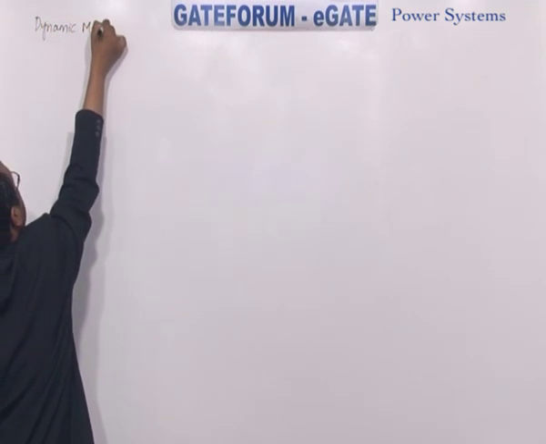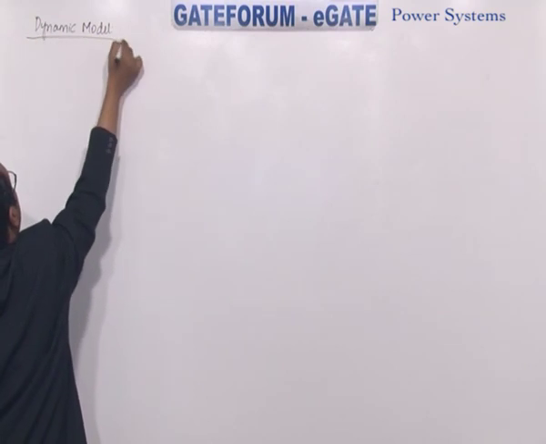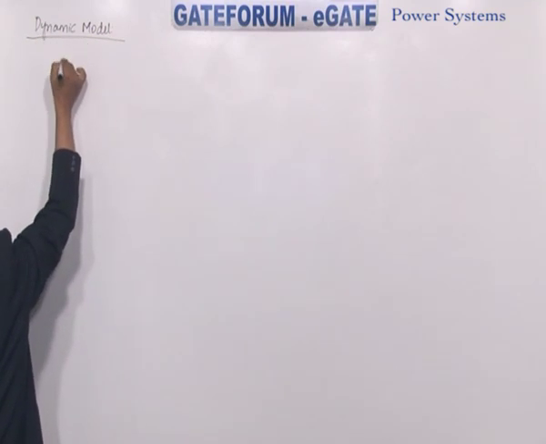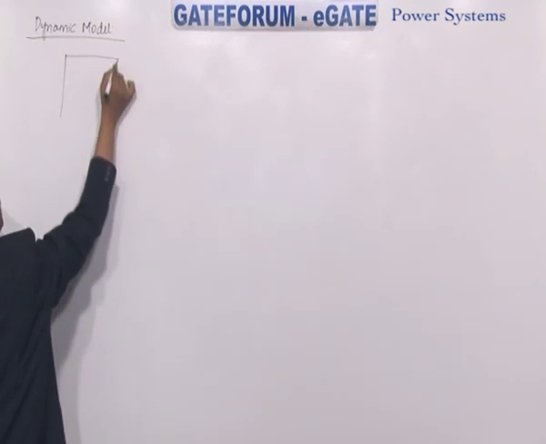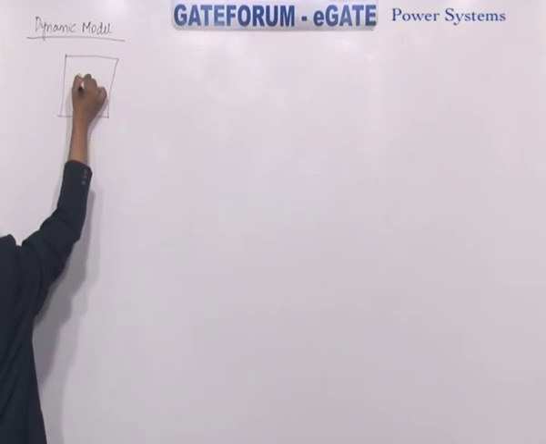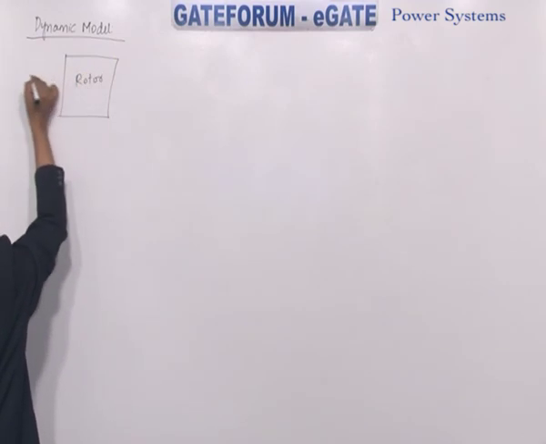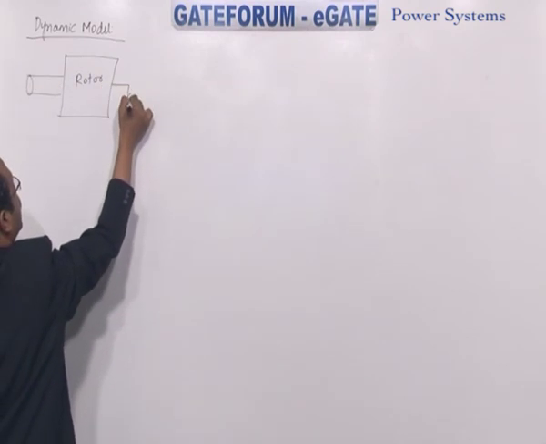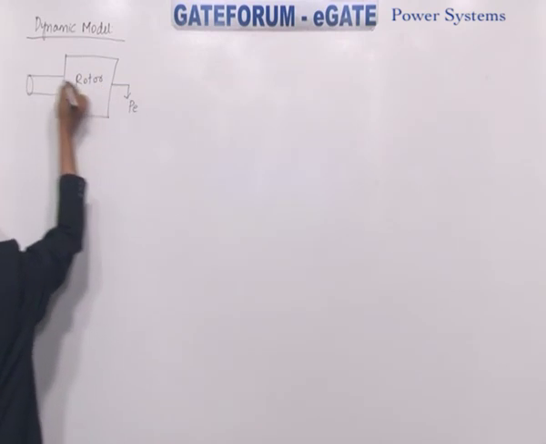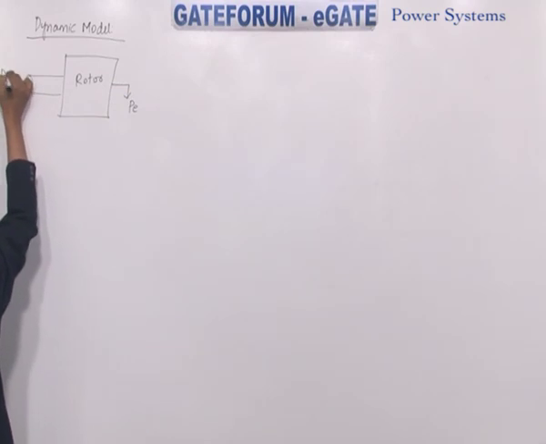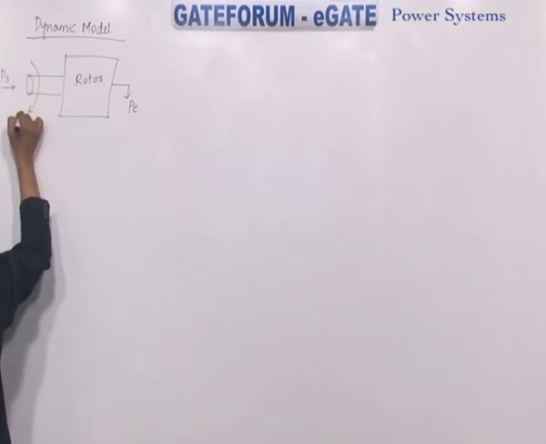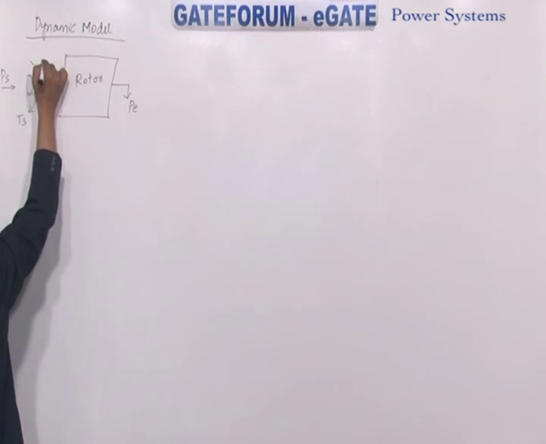So to develop this dynamic model, obtain the mechanical equivalent of the rotor here. That is, you provide the shaft here, here electrical output, input is mechanical, shaft torque.